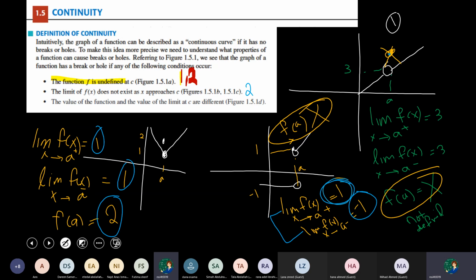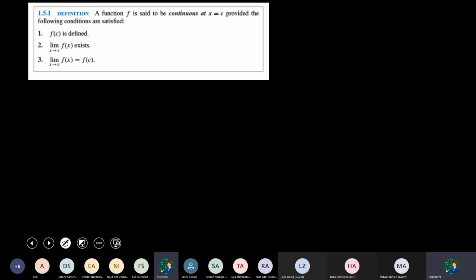Here are the conditions. The function is continuous at x equals c when all 3 conditions occur.